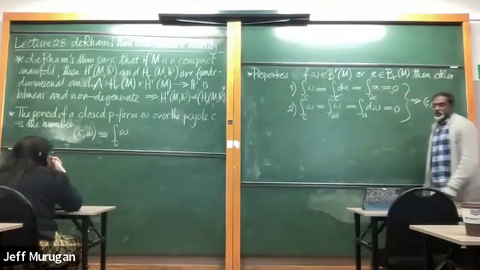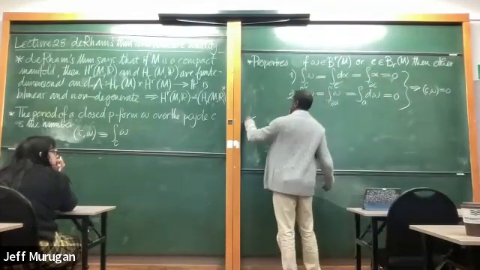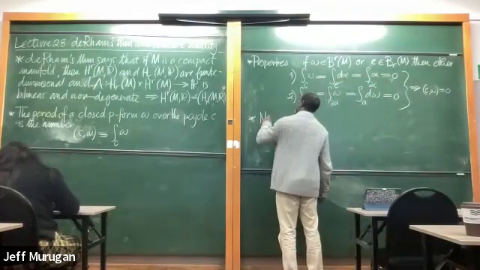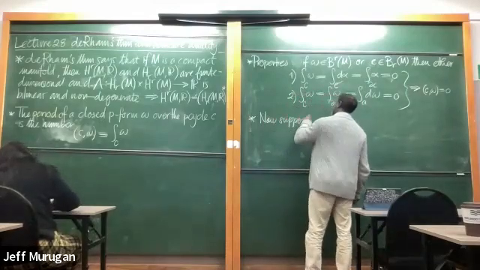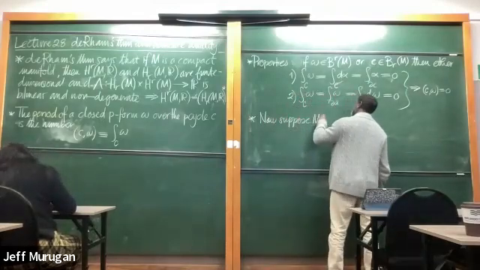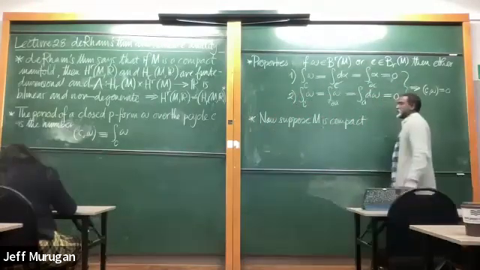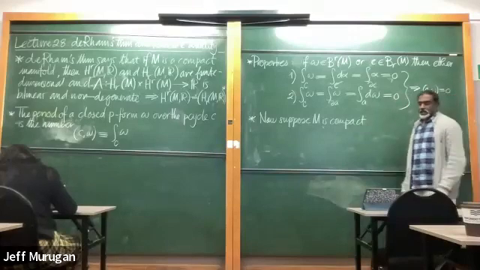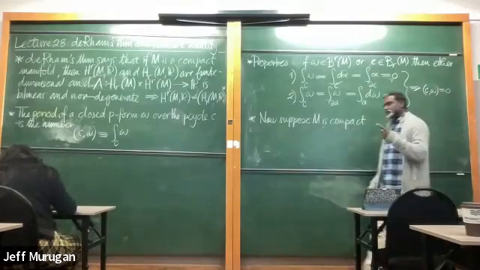So now suppose that M is a compact manifold. Now suppose that M is compact and k is, let's say, the p-th Betti number.